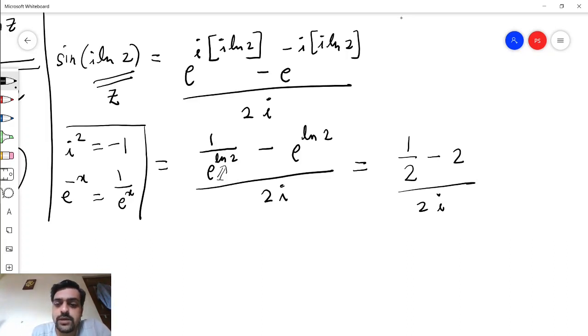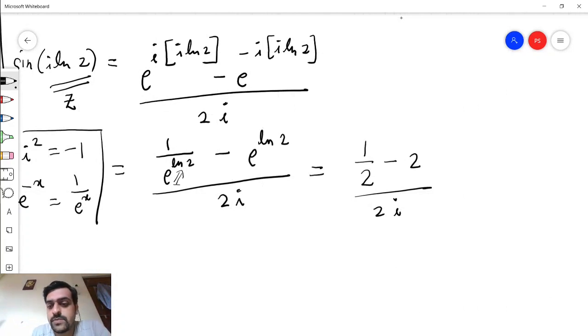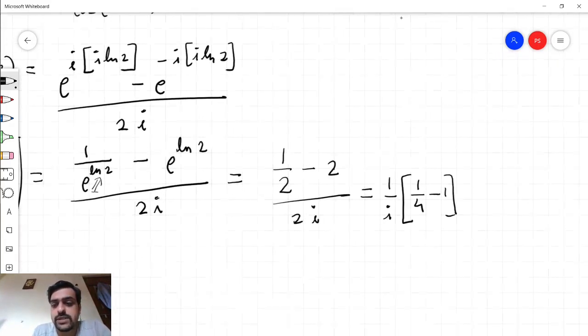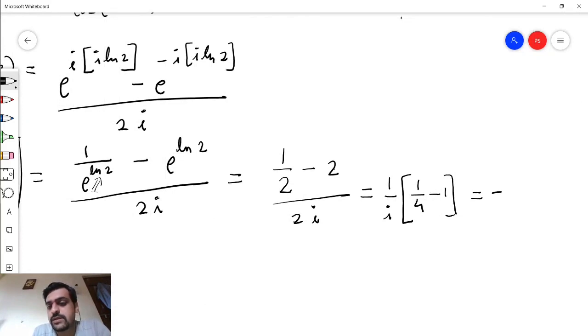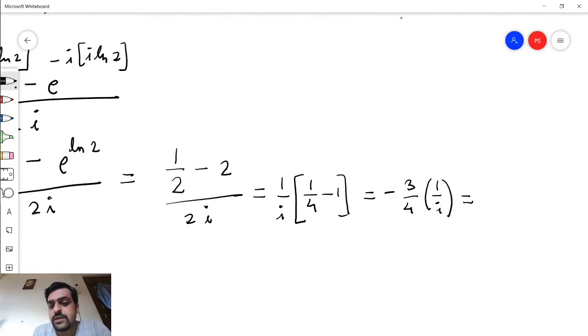Now this can be further simplified as 1 upon i times 2 into 2, which is 4, 2 by 2, which is 1, which is minus 3 by 4 into 1 upon i, which is minus 3 by 4i.